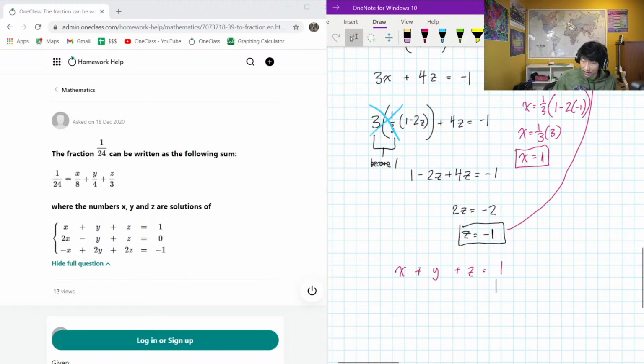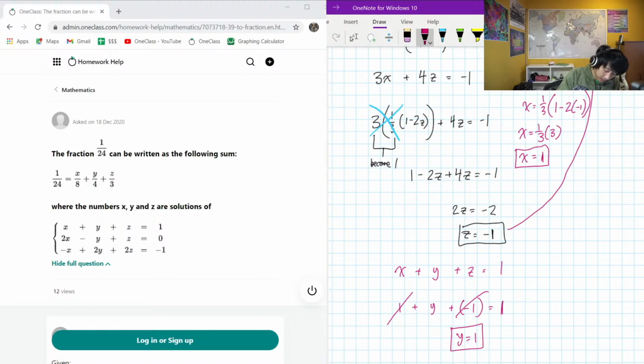So we know that x is 1 plus y, and z is negative 1. That's equal to 1. This cancels out with that, so y is equal to 1.